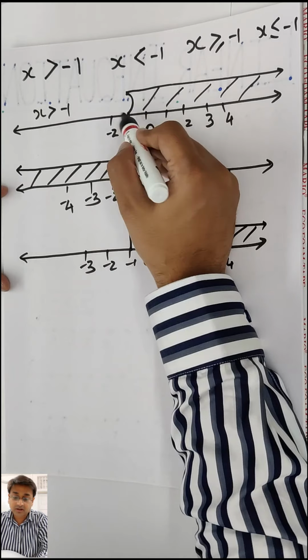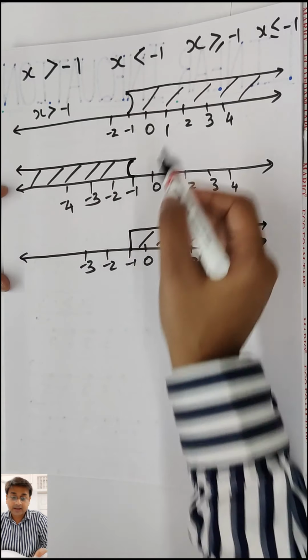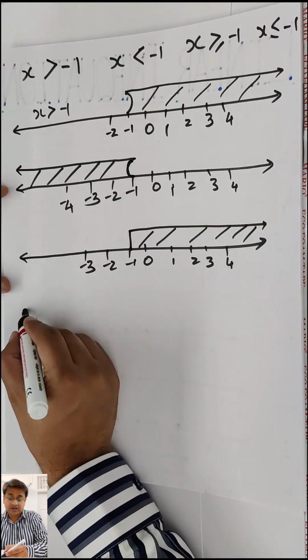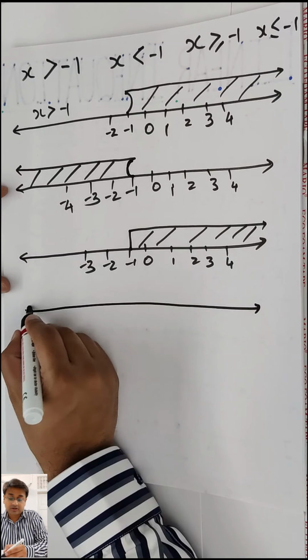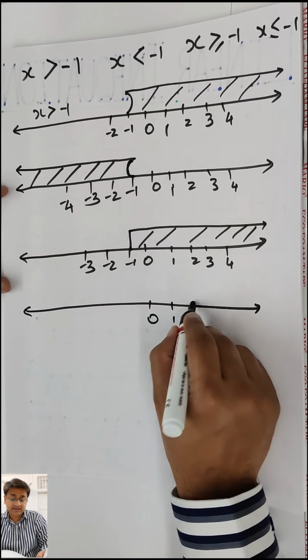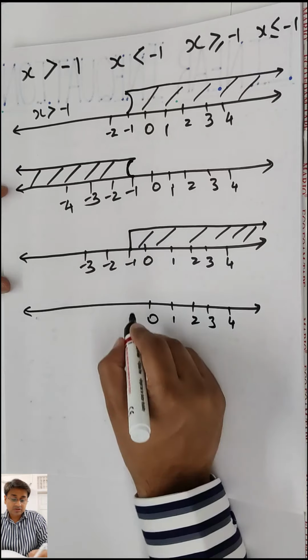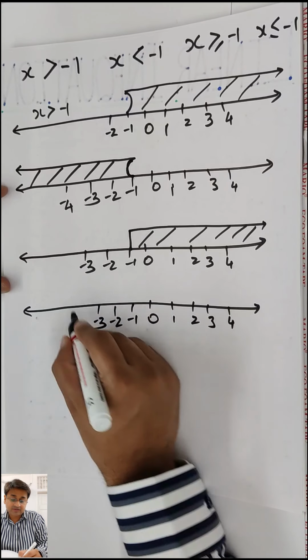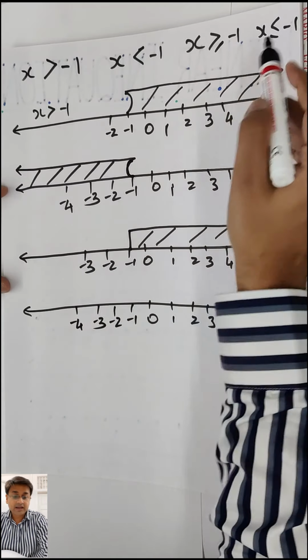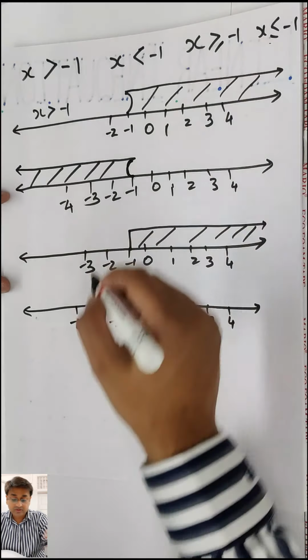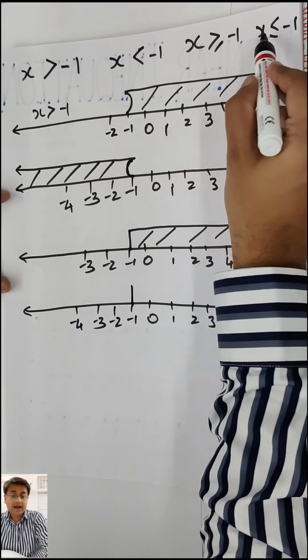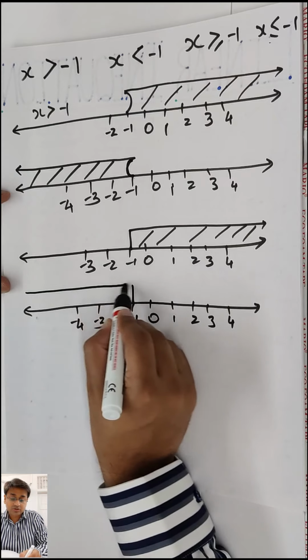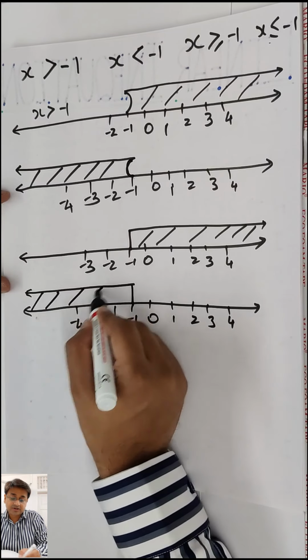So instead of a curve, you're putting a I because it's inclusive. Likewise for the last one, when x is not inclusive but less than minus 1. So in that case it is going to go on the left hand side. So I, since it is inclusive, so I on minus 1, and x is smaller, that means it has to go on this side, and you shade it.